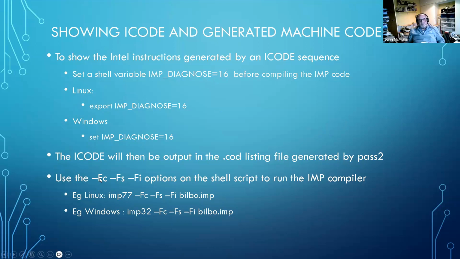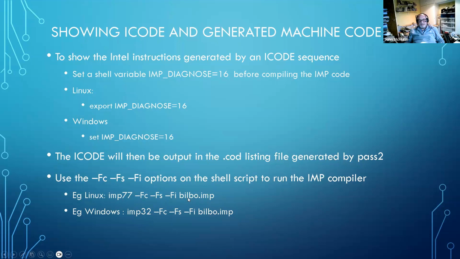You need to use the FC, S, and I options on the shell script, which runs a compiler, e.g. Imp77 for Linux and Imp32 for Windows. I really ought to change the Windows shell script name, but hey, what the hell.